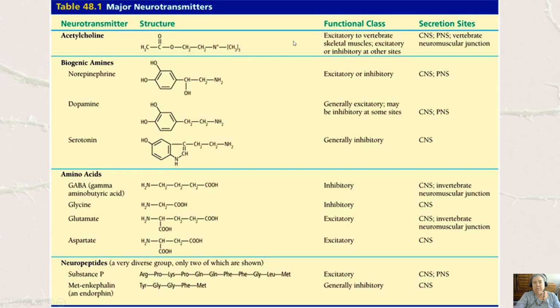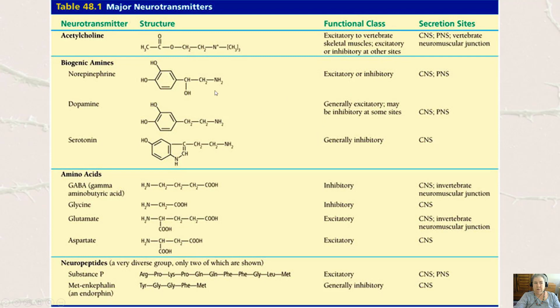It is in most of its places excitatory, but depending upon the site and the neurotransmitter, there are places where it might be inhibitory.